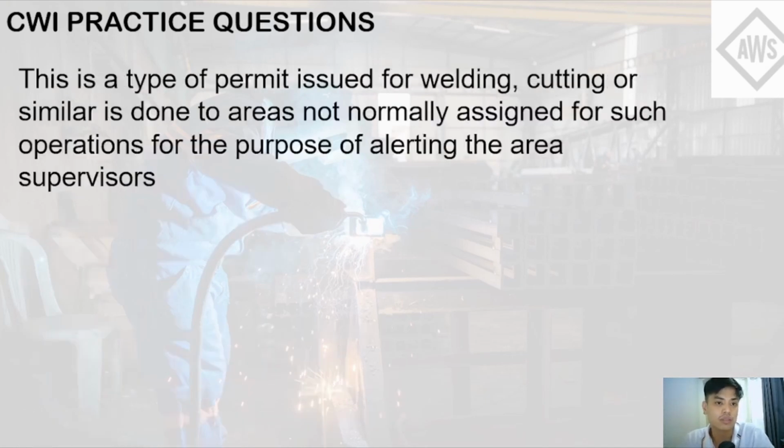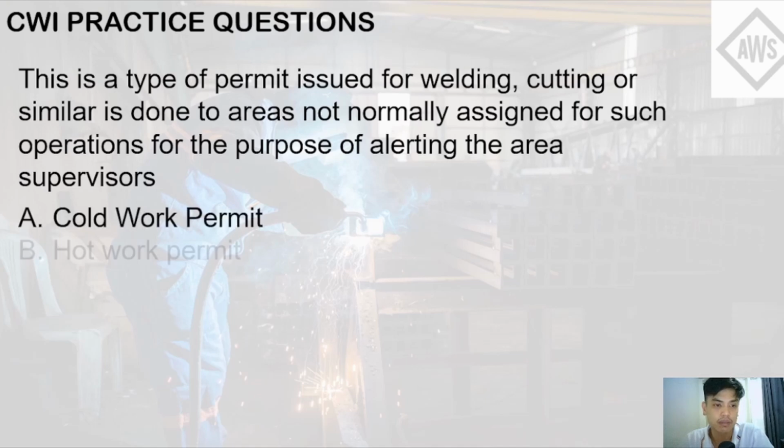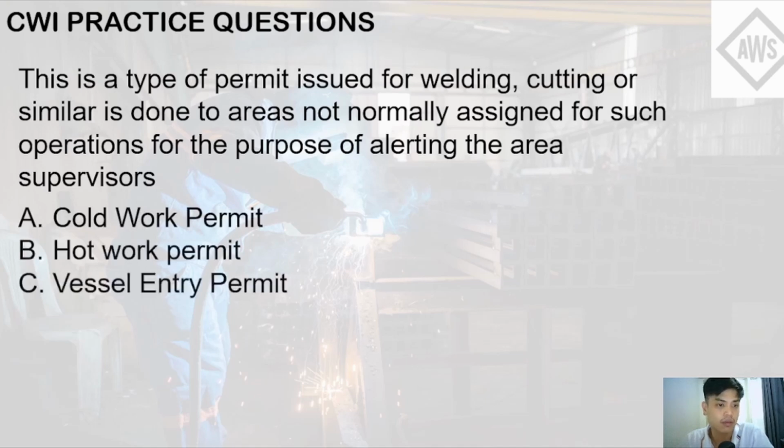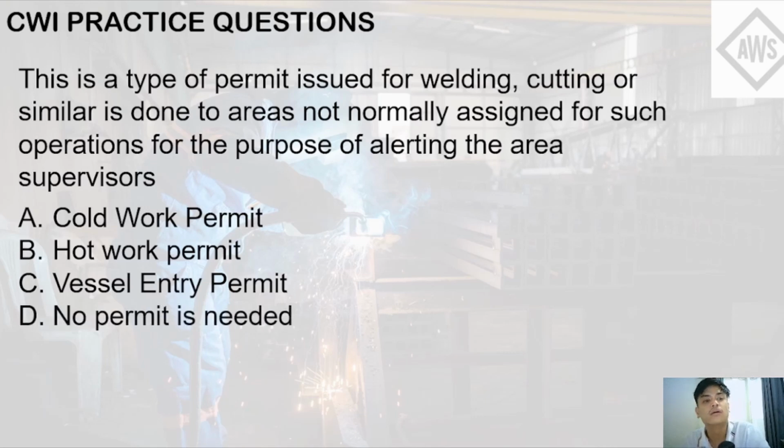Next question. This is a type of permit used when welding, cutting, or a similar activity is done in areas not normally assigned for such operations, for the purpose of alerting the area supervisors. Letter A, cold work permit, B, hot work permit, C, vessel entry permit, D, no permit is needed.